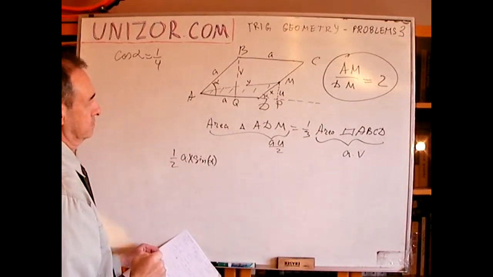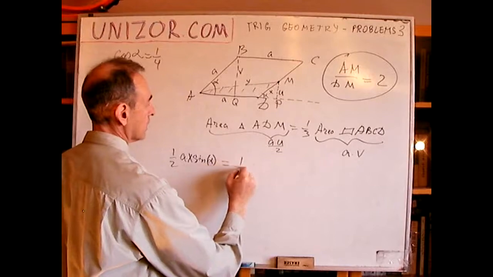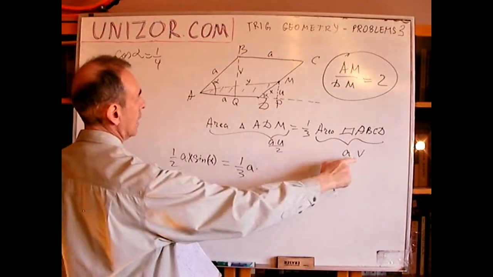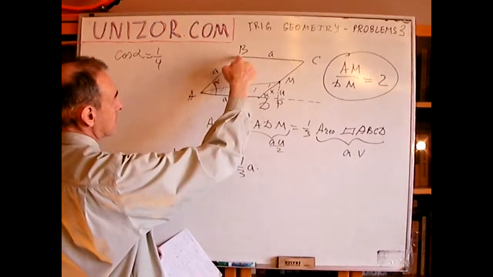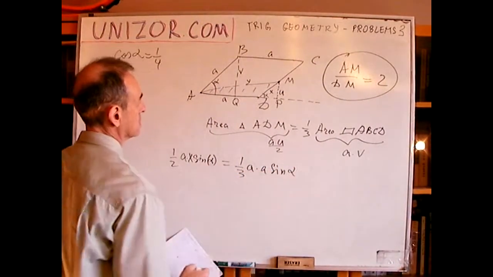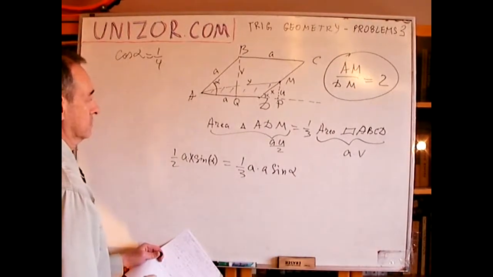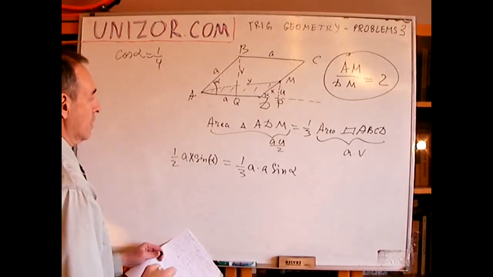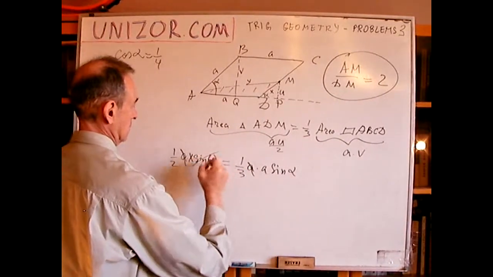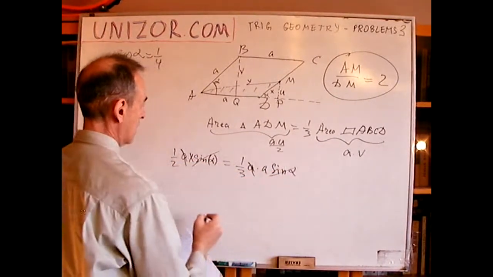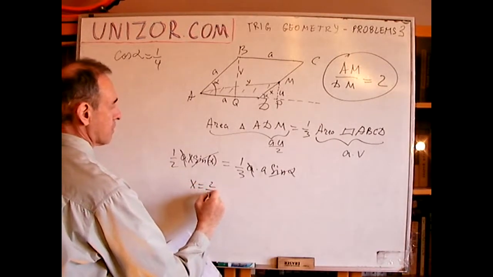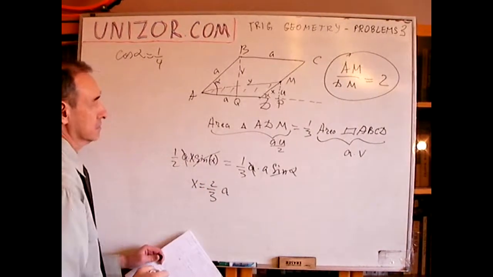And on the right I have 1/3 A times, and instead of V I will put A times sine alpha. So from here I immediately see that x is equal to 2/3 of A.